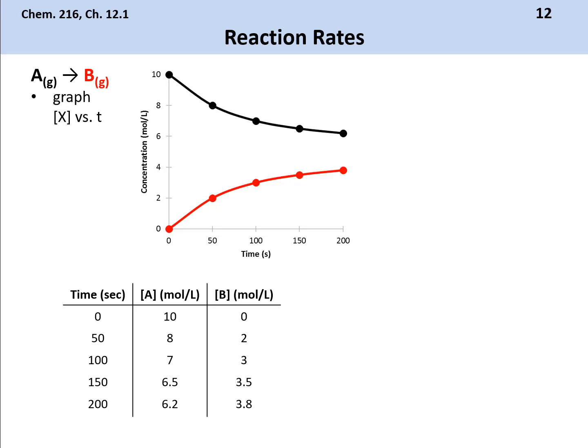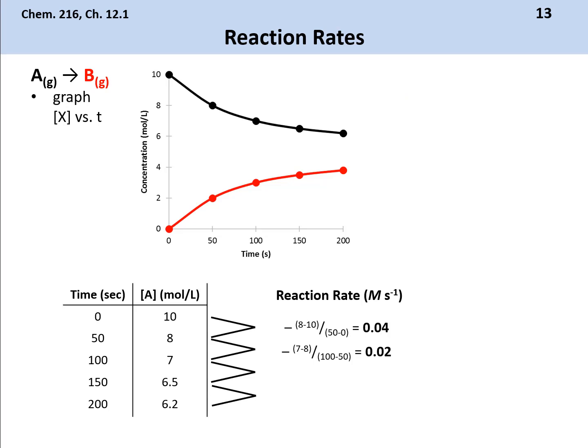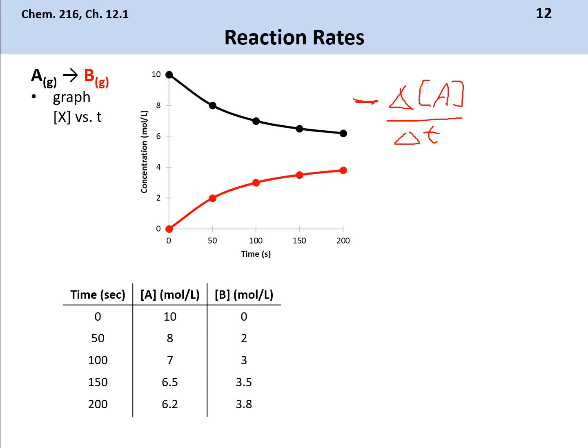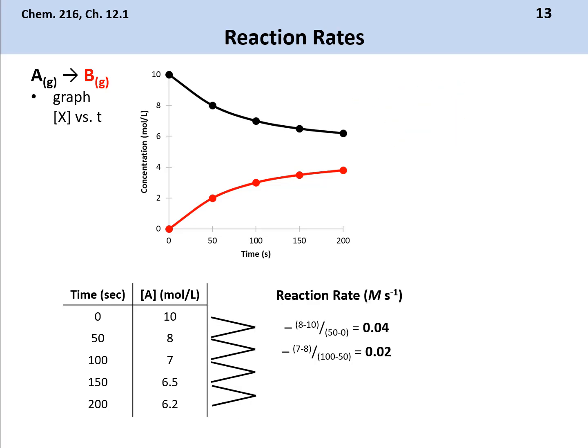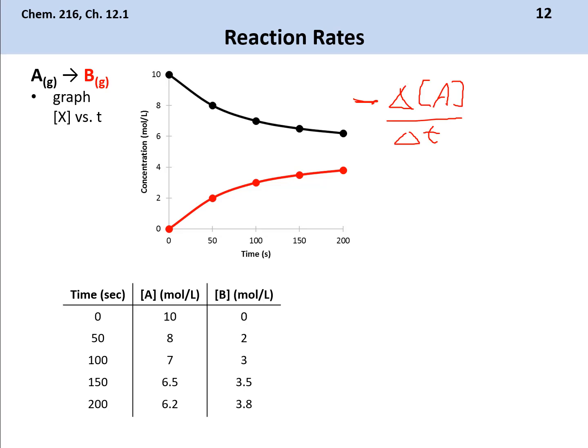My reaction rate is always going to be delta, and we're going to do this for A. So it's going to be delta A over delta T. We're going to put a minus sign in front because A is a reactant. All right, so now let's just do this.